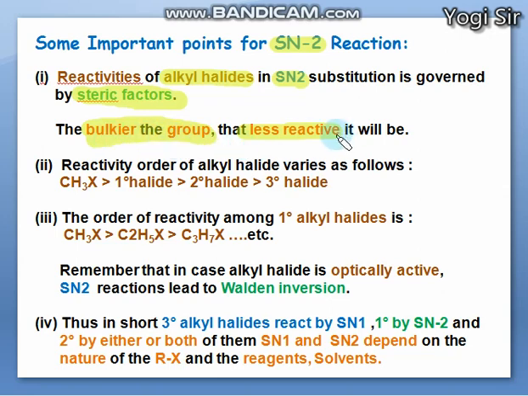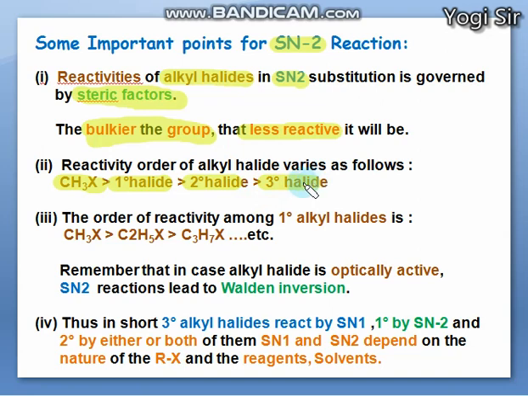It would be less reactive. Same way, this SN2 reaction is faster with methyl halide, similar to primary halides. But as we go towards secondary and tertiary, the rate of reaction is slower, right?